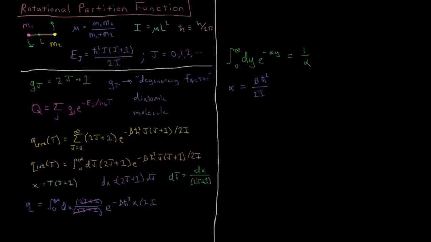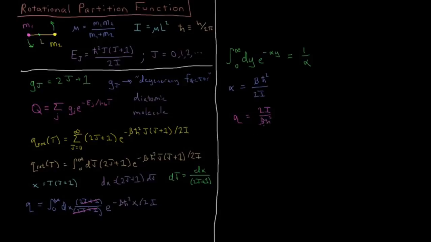So 1 over alpha, or the result of our integral, q, is going to be 2I over beta h bar squared.